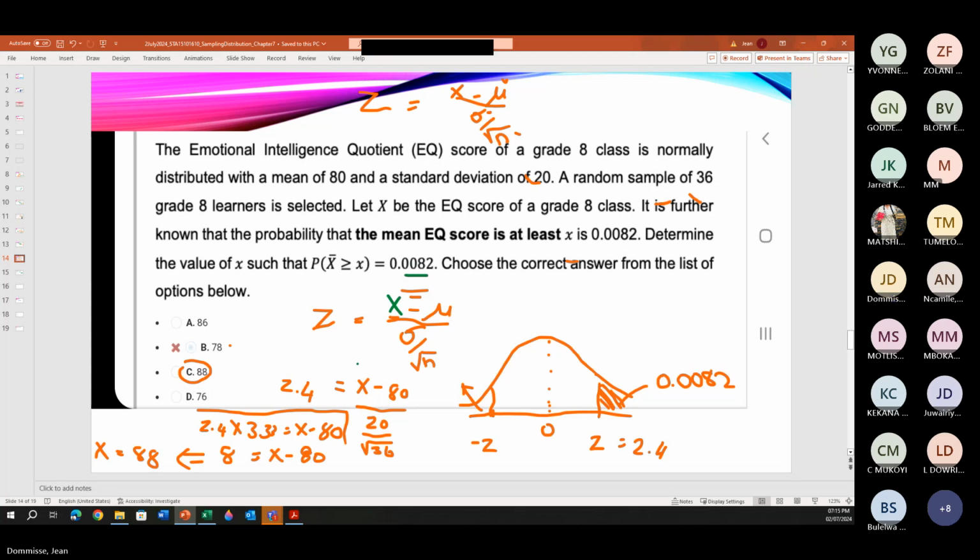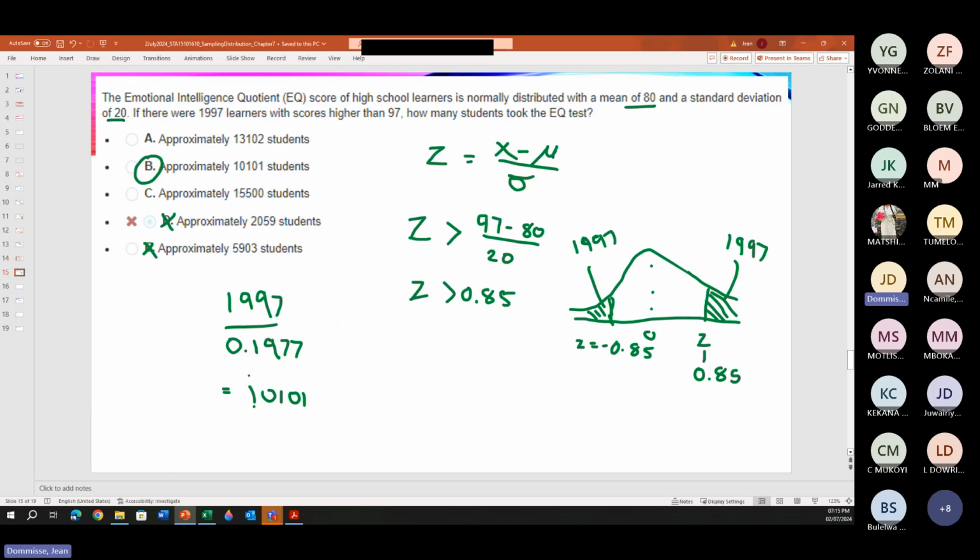So, there is probably a question in chapter 6 where you need to work out the X like we did here. So we could have worked out the X as well.